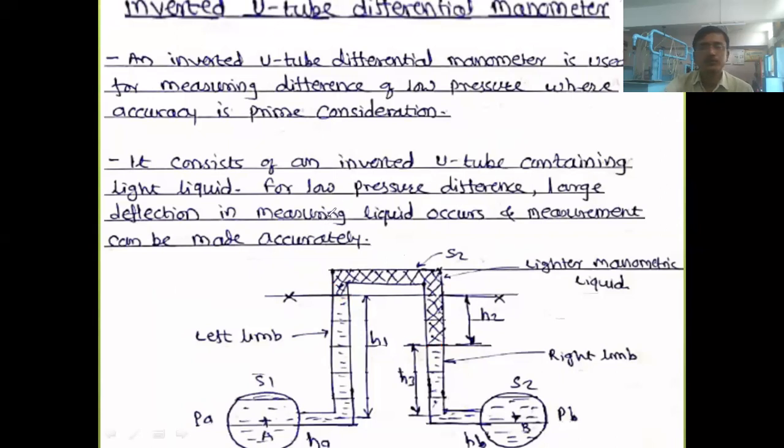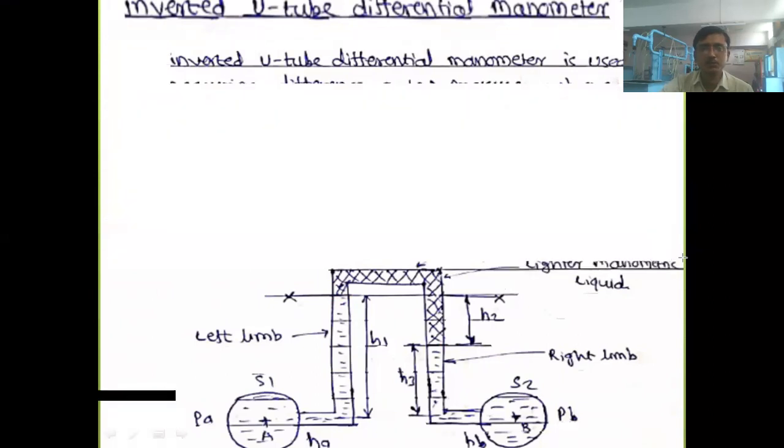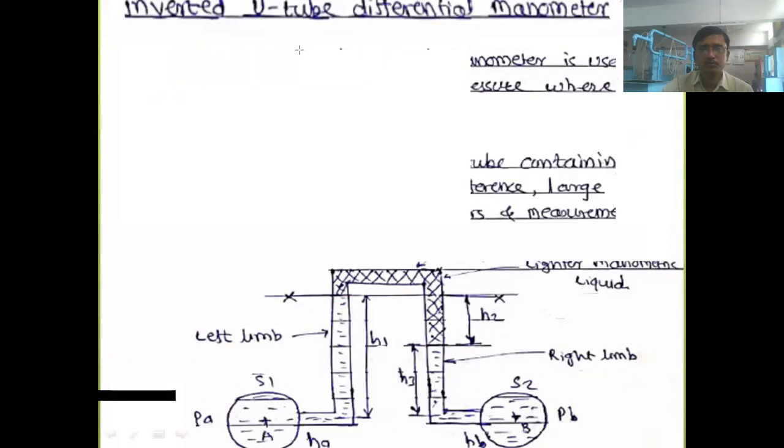Now we have derived this equation also for the inverted tube manometer, how we can find the pressure difference for it, right? Once again I will discuss the derivation part here, because some of the students may not have understood what we derived in the previous lecture.